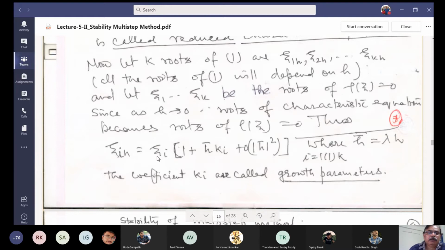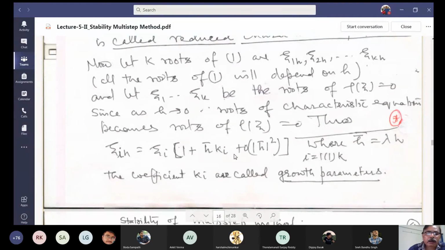Let us see. I am writing xi i h equals xi i times inside the bracket 1 plus h bar ki, where h bar is your lambda h, ki I am just introducing, plus capital order h square, h bar square term, right? Now, if h approaches 0, your h bar will also go to 0 because lambda is a constant.